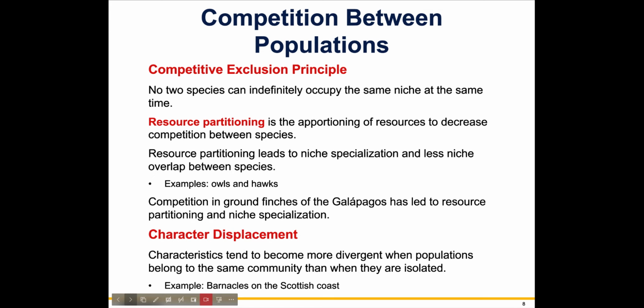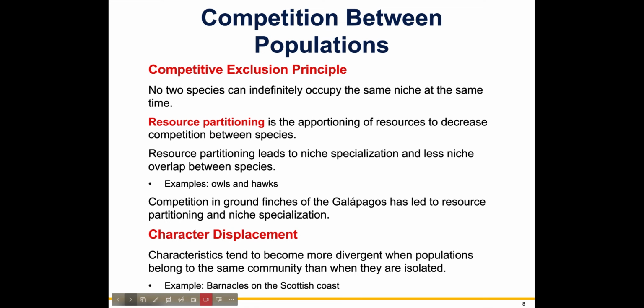There's also a principle or an idea called character displacement. That's where characteristics tend to become more separated or divergent as a population becomes more isolated. So they'll gain their own characteristics. And a great example from your textbook are barnacles.